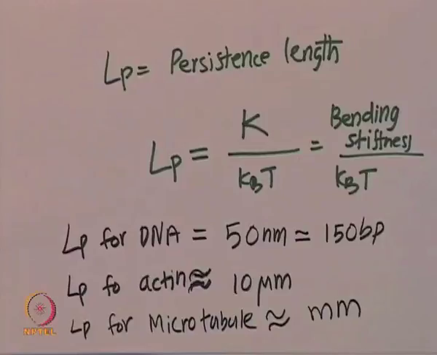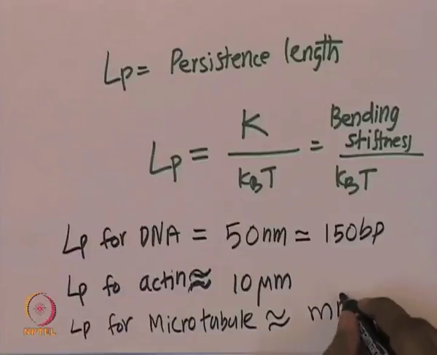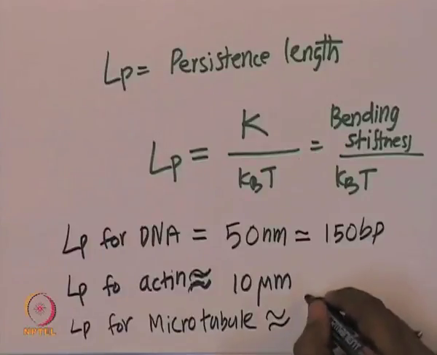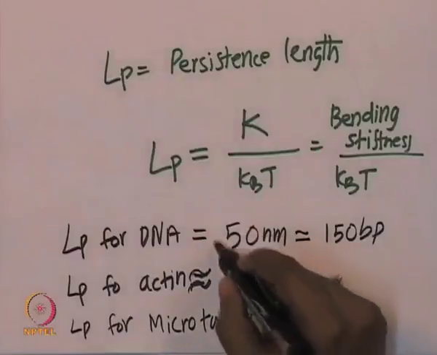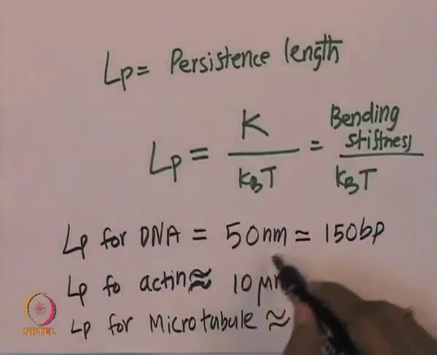Up to a millimeter length it will be very stiff. So, in the cellular length scale, microtubule will be very stiff, actin will be less stiff, DNA will be much less stiff. DNA is highly bent and packed inside the nucleus. The actin is pretty straight, but microtubule is much straighter and very stiff. So, this is this property called persistence length.